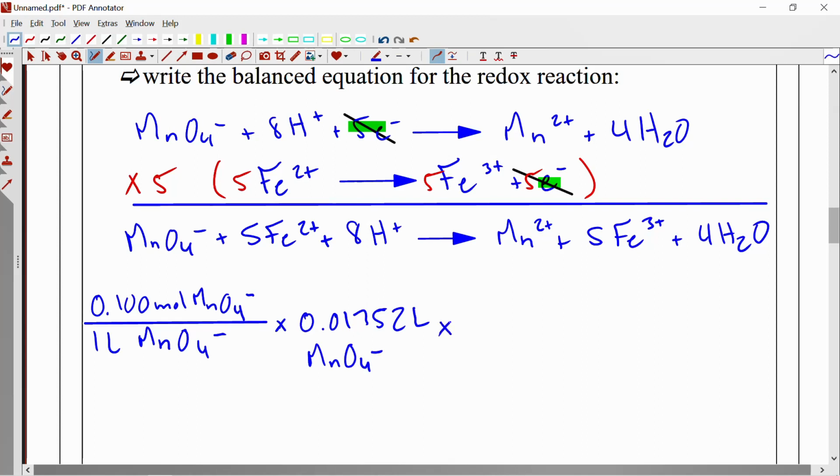If I were to multiply those together, I would now have the moles of permanganate, and then I want to go from the moles of permanganate to the moles of iron 2 ion, not iron 3, iron 2. So it is going to be 5 moles iron 2 over my known, which is 1 mole of permanganate.